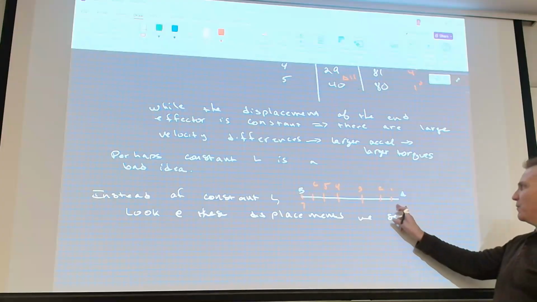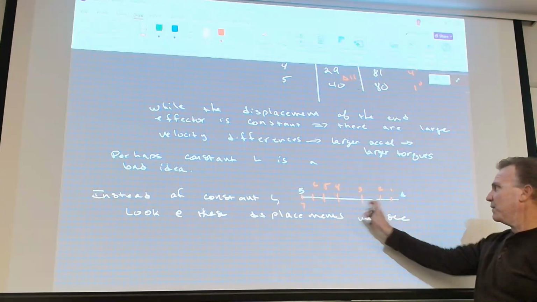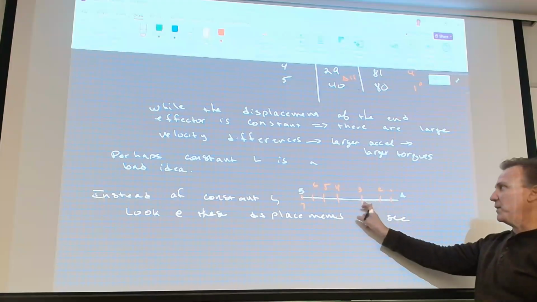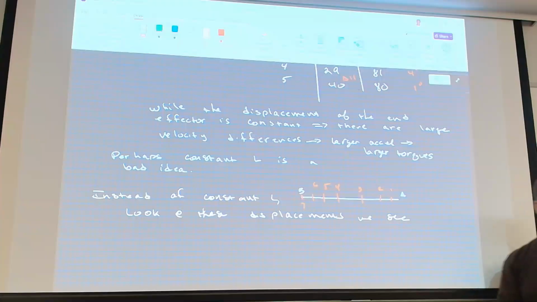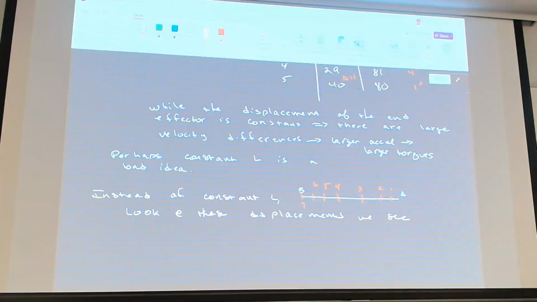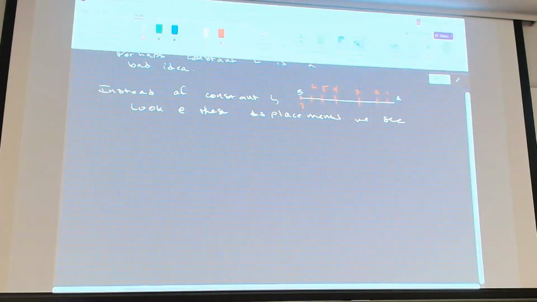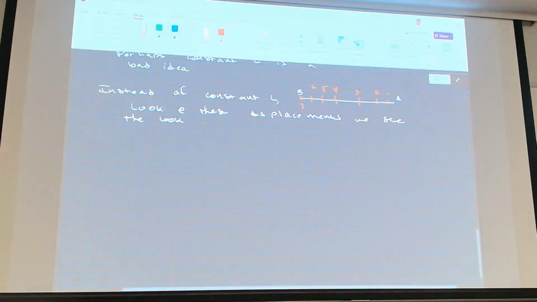So the distances get bigger, but they start off smaller. They get bigger distances, and then they get smaller. Right? So the lengths are scaled parabolically.